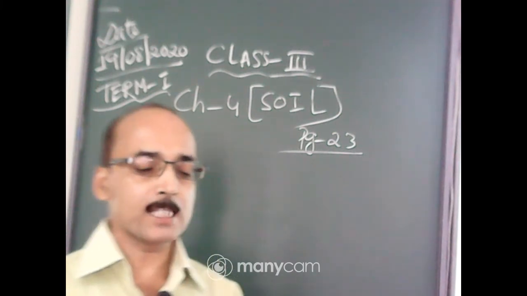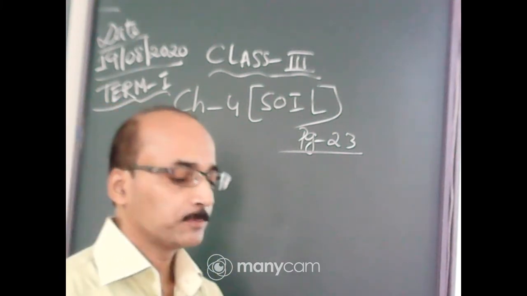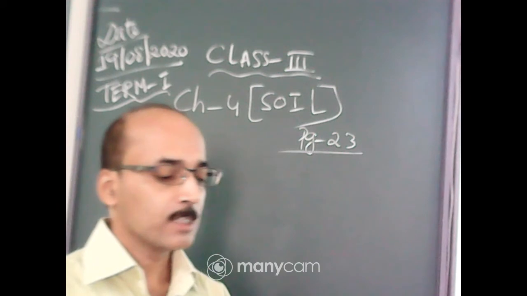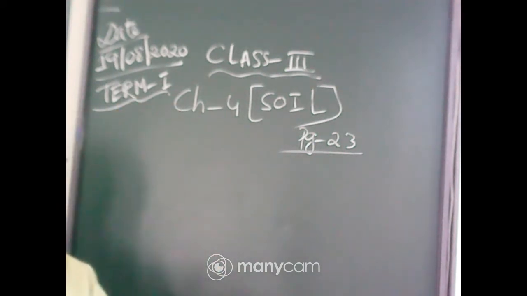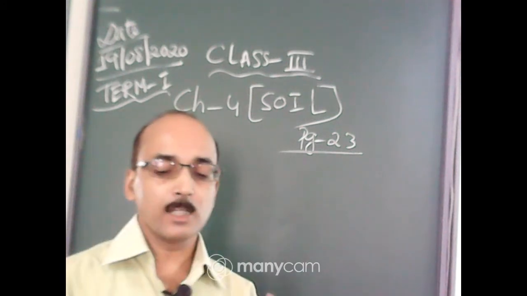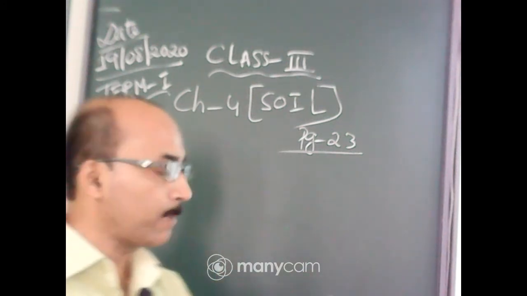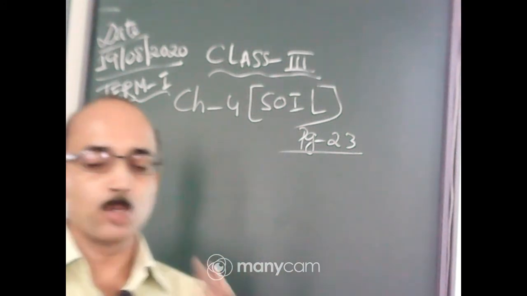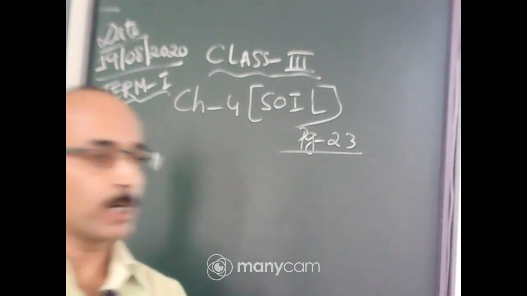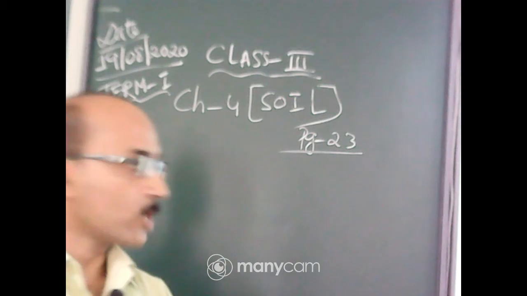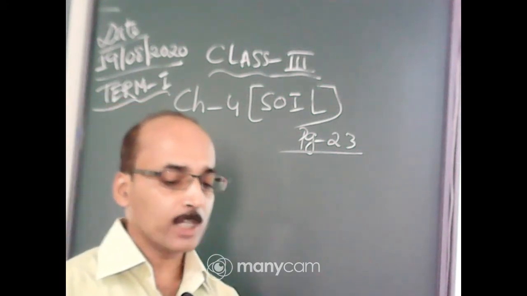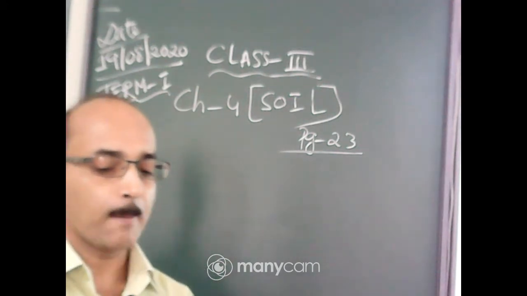Roots of plants get water and minerals from the soil. There are two systems in the plants, one is the root system, another is the shoot system. So the root system is always below the ground, means below the soil. So roots of the plants get water and minerals that are dissolved in the soil.